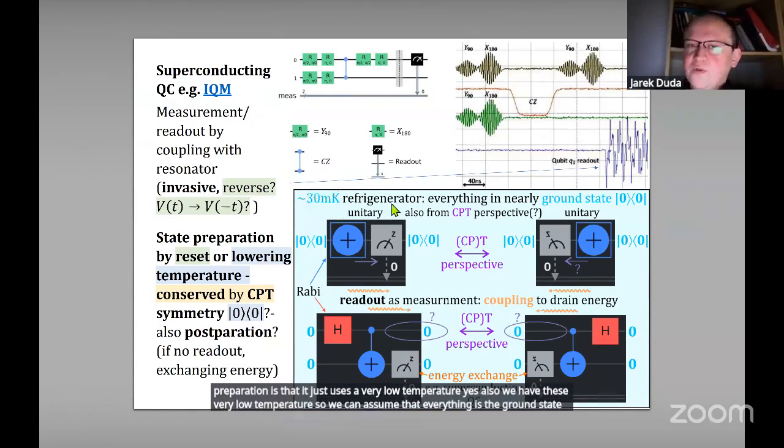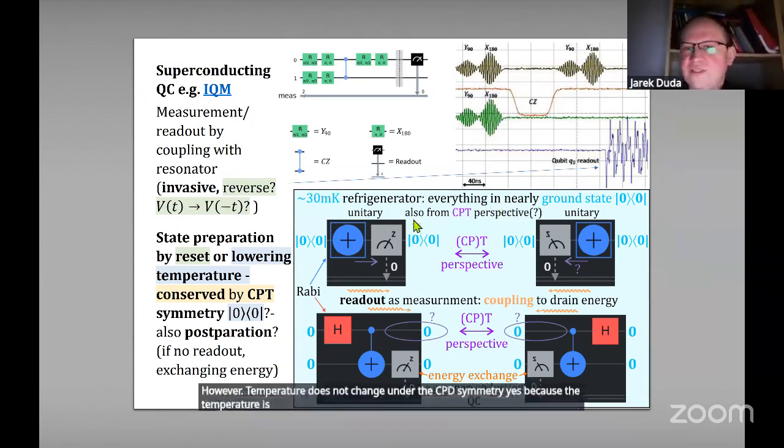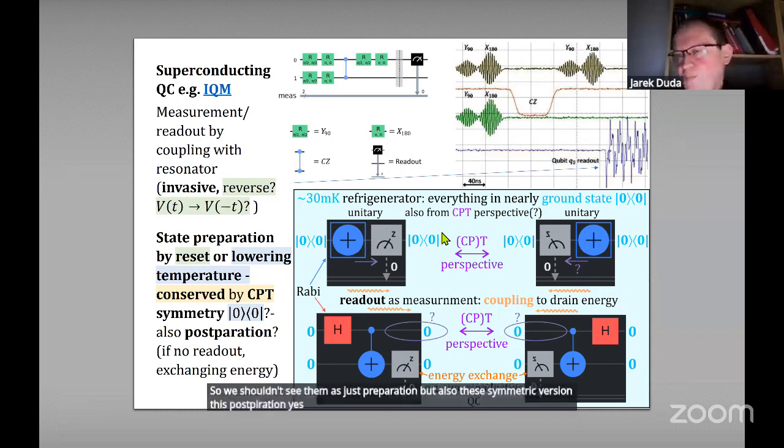However, the temperature does not change under CPT symmetry, because temperature is mean kinetic energy, so it is the same from the CPT perspective. So in the CPT perspective, this low temperature is still low temperature, and there are still ground state atoms. So we shouldn't see it as just preparation, but also as this symmetric version, postparation. Lowering temperature is both preparation and postparation, in fact.